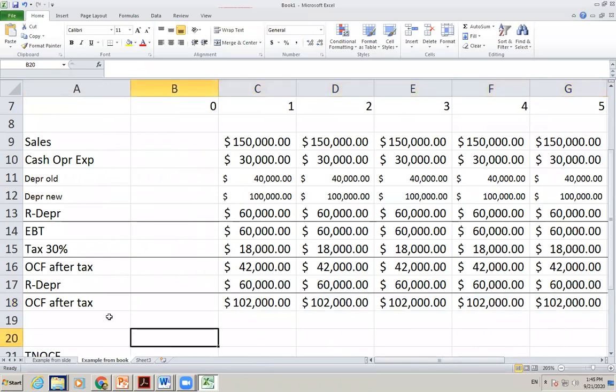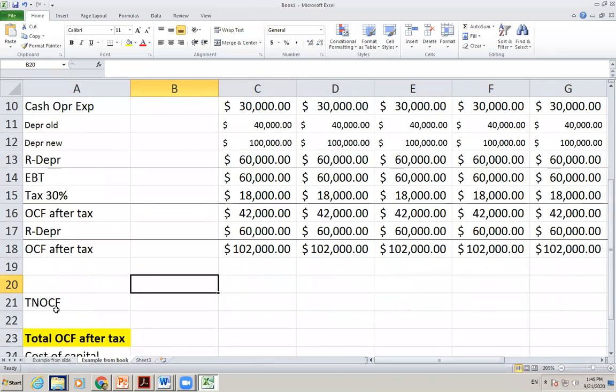Now, this is what we found: operating cash flow after tax. Now we need to find terminal non-operating cash flow. We need to be a bit careful here.